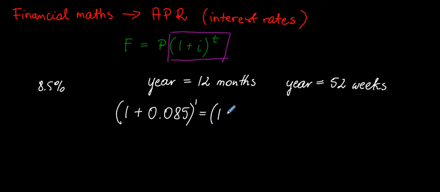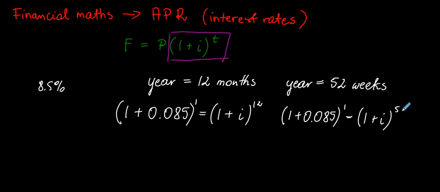So therefore that will equal 1 plus I, I don't know, but to the power of 12. Again, if I'm looking at weeks, I will do the same, but this time I'm considering weeks, so meaning I will have 52 weeks. Now, how do we solve it?